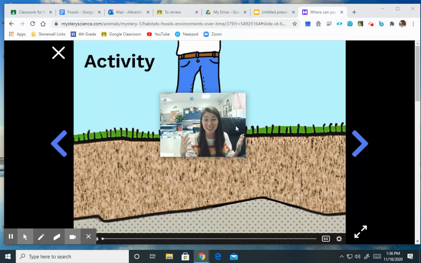So that tells us that the landscape of Illinois has changed over time. At the bottom layer, where there are ocean creatures, that tells us that Illinois used to have an ocean landscape. So observing these features of adaptations of animals can help us see how the landscape has changed over time.